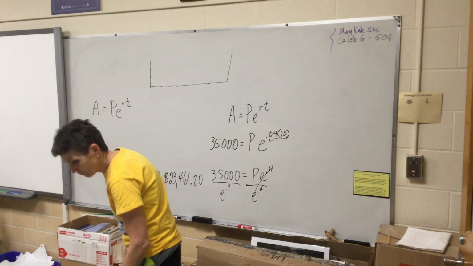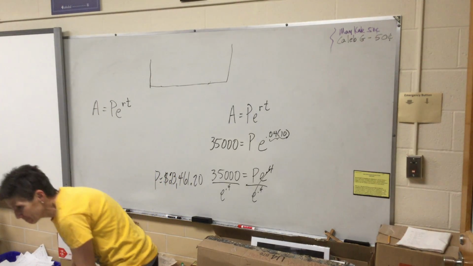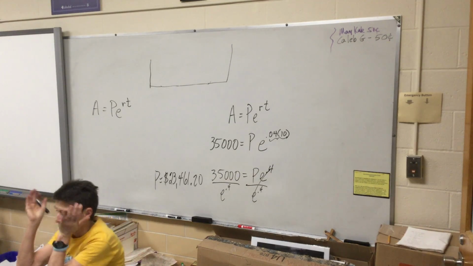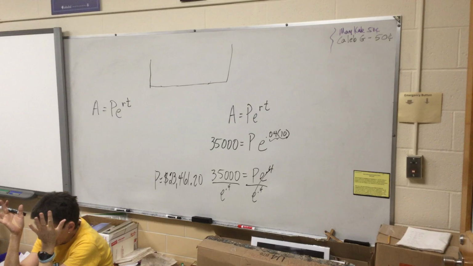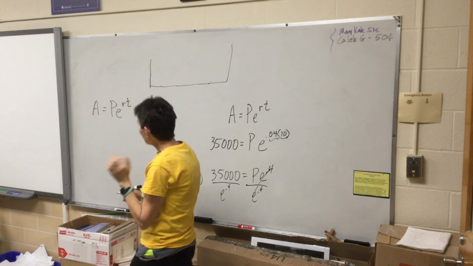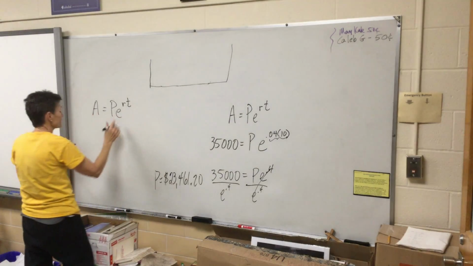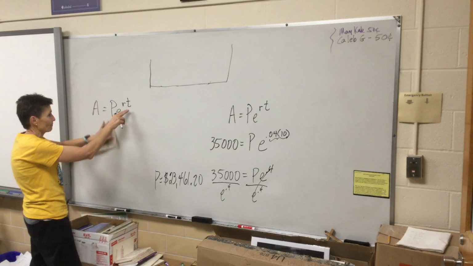Now, from biology class, what does half-life mean? What do we mean when we say half-life? The amount of time it takes to become half. Exactly. So we know that the amount of time it takes is 10.2 years.